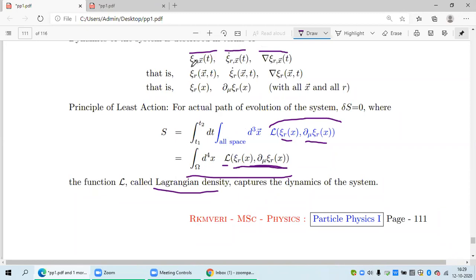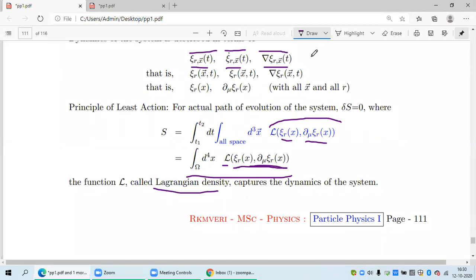Suppose at a given time these two are the same, but this is different. That means the dynamics of the field will be different, because at two different space points the field variation will be different. The field will be different, so that goes into the dynamics also.